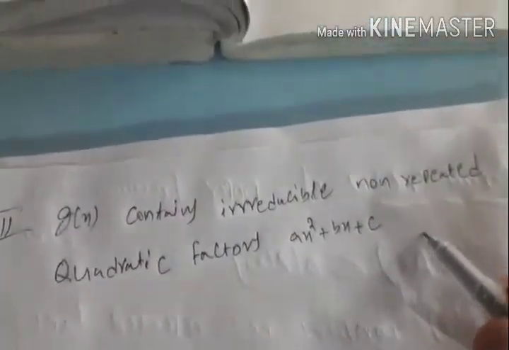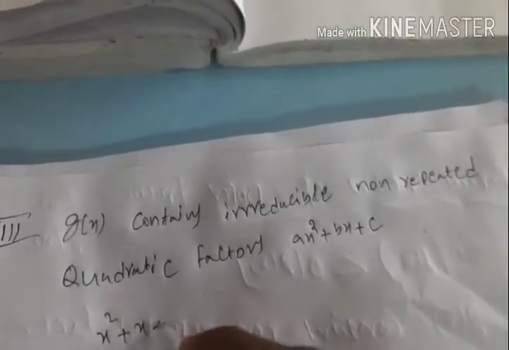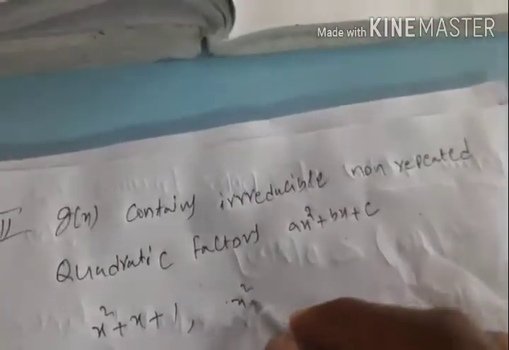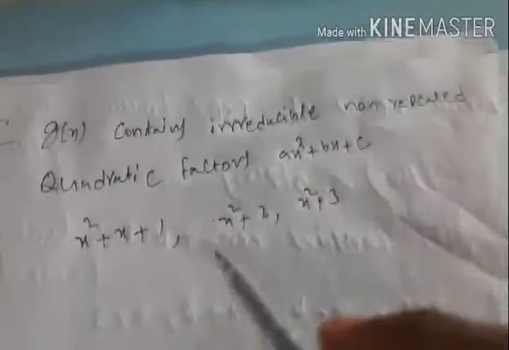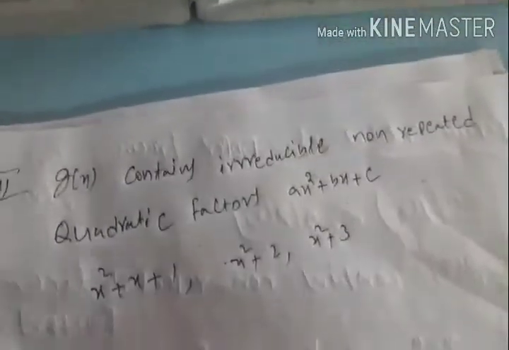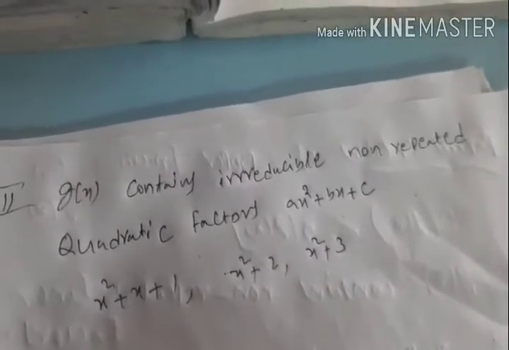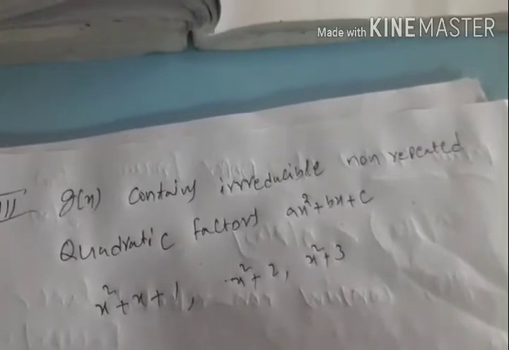As the third method, g of x contains irreducible non-repeated quadratic factors. Quadratic factors means ax square plus bx plus c, that is x square plus x plus 1, or x square plus 2 and x square plus 3 are examples of irreducible quadratic factors. For example, f of x by ax square plus bx plus c and x plus a.